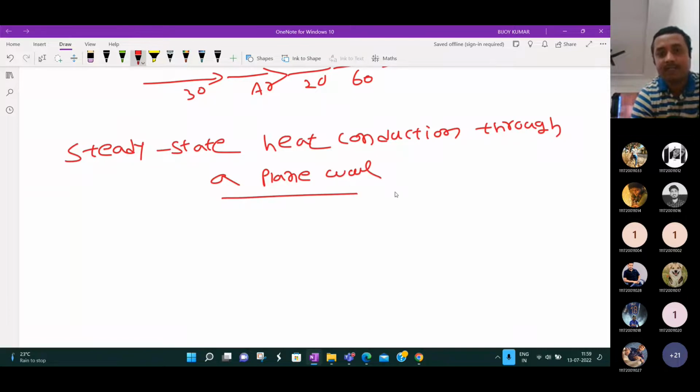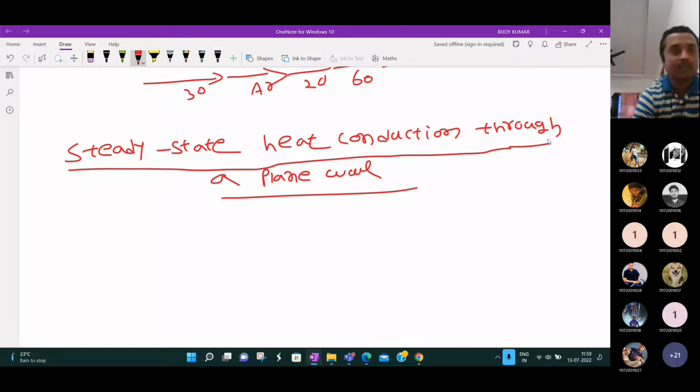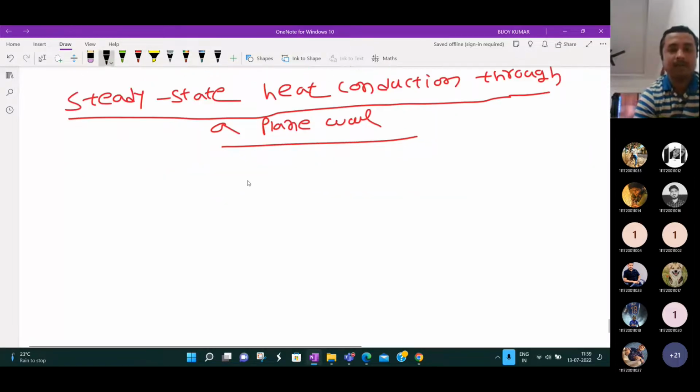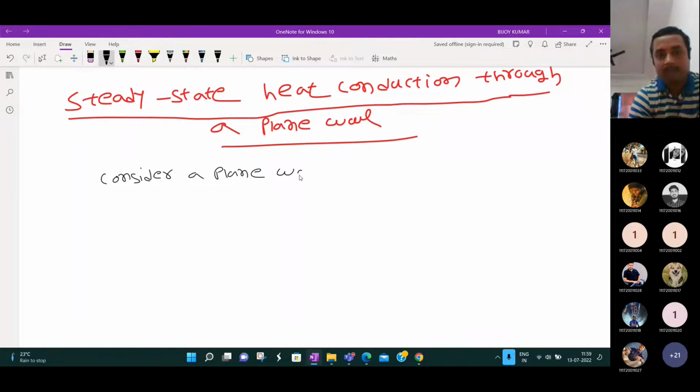This is the 10 marks derivation. Kindly listen carefully. Let me change the color of the pen. Yeah. So let us consider a plane wall.